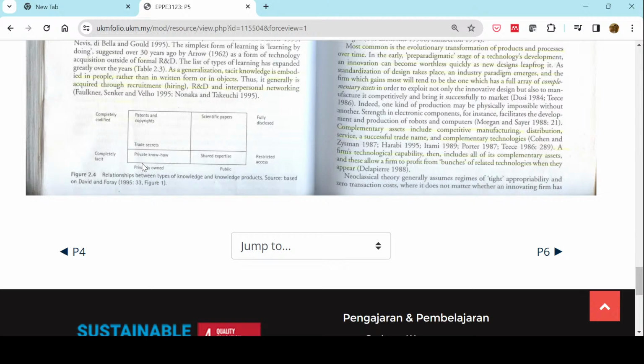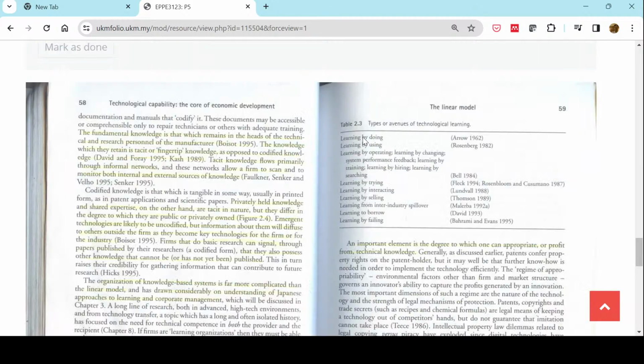Learning by doing, learning by using. Learning by doing is the example of Korea. Korea in the 60s, 70s, 80s, learn by doing. Where is that location? On the shop floor. What is the shop floor? Factories.